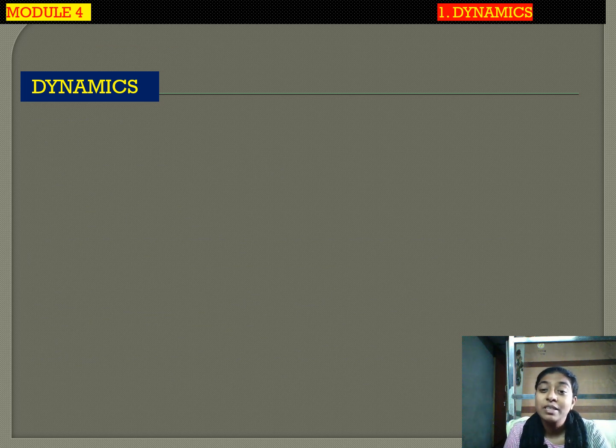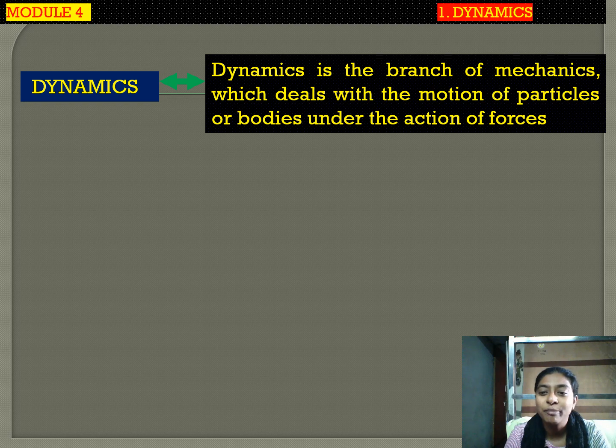So our first part is our basics, what we have to learn in our module 4 is about dynamics. So what is dynamics? Statics, we all know, is the study of the mechanics of when the body or the object is at rest. Dynamics is the branch of mechanics. Mechanics, we all know, we apply the laws of nature, laws of mechanics.